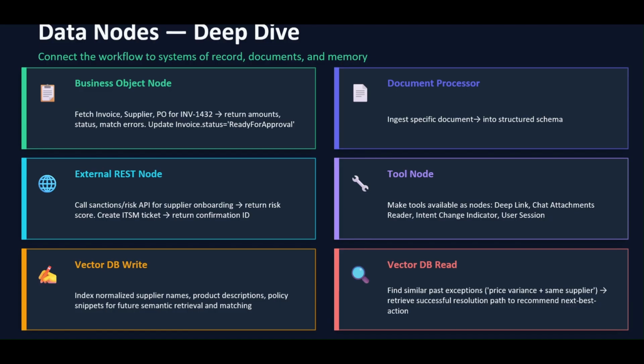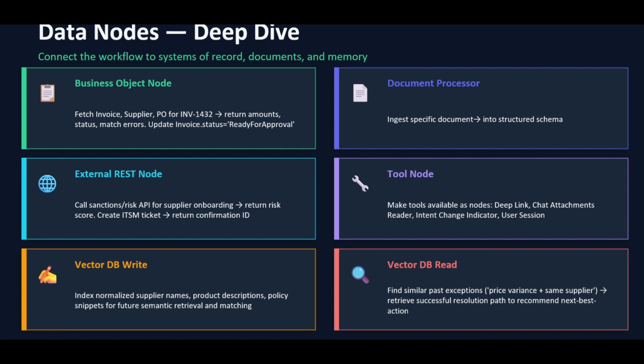In short, if the agent is the brain, then data nodes are the hands. If a workflow agent has to perform any actions, we have to use data nodes to perform those actions. So they are the hands.